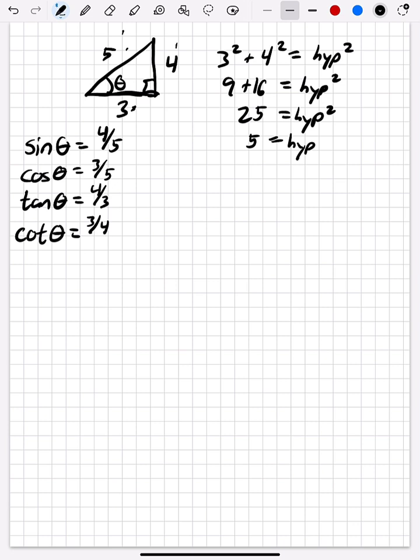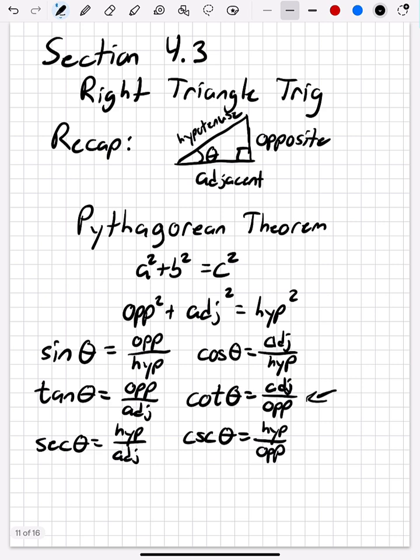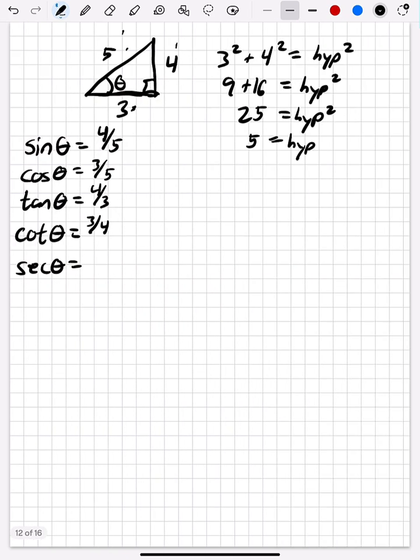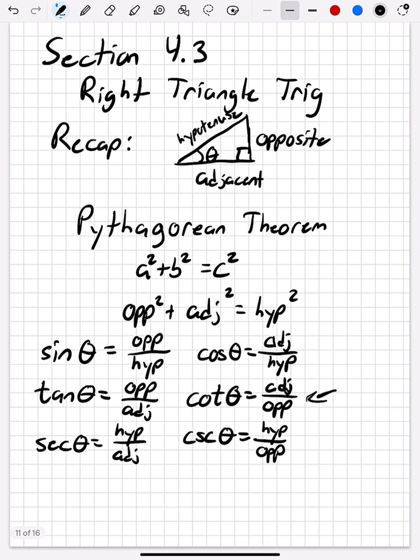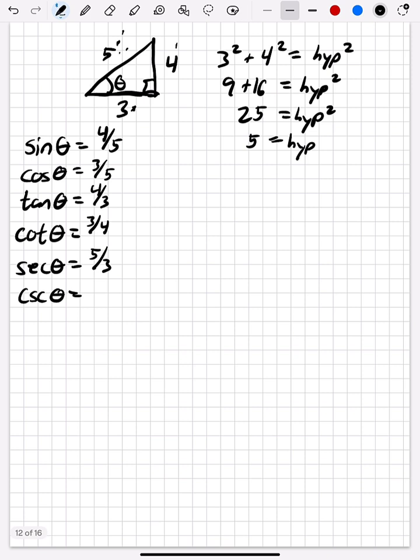Okay. And then we have secant theta. The secant of the angle is the hypotenuse over the adjacent. The hypotenuse is 5, the adjacent is 3, so I have 5 over 3. And then I have cosecant of theta. Cosecant of theta is hypotenuse over opposite, which is 5 over 4.